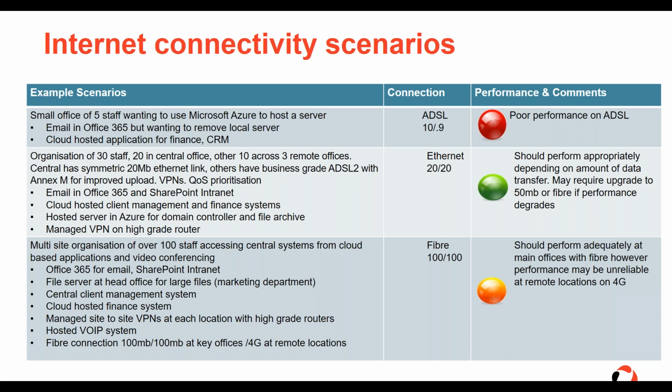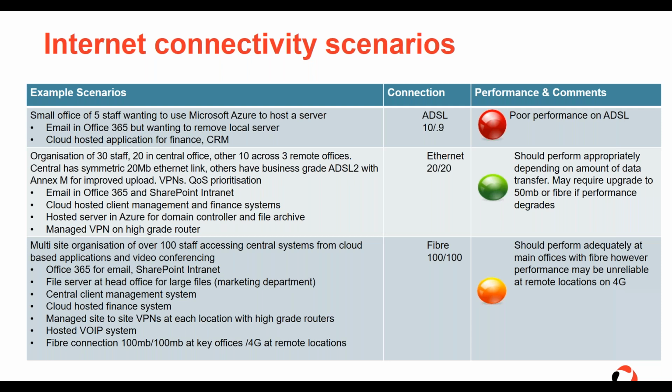If you've got lots of people sitting in that office and a poor ADSL connection, and you're wanting to move that application or those files all up into Azure, then all day, every day, all those staff are going to have to go over the internet into Azure to access the information they need, and then pull that down when they need to.